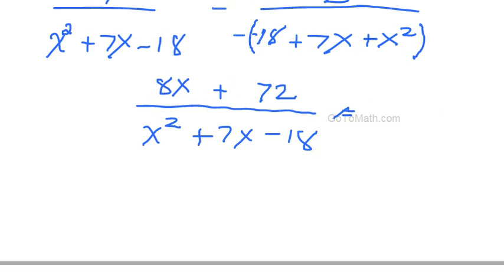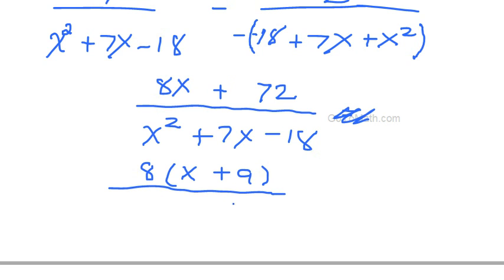But anyway, in fact, I'll erase that. I'm going to factor out an 8, and that means we're going to pull that out. X plus 9 over. Okay, and let's go ahead and factor the denominator. I think we did this in the last problem, didn't we? Same numbers, kinda? Was it? Yeah. Holy smokeronies.